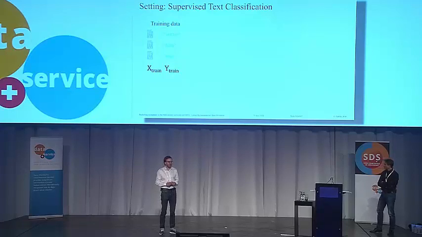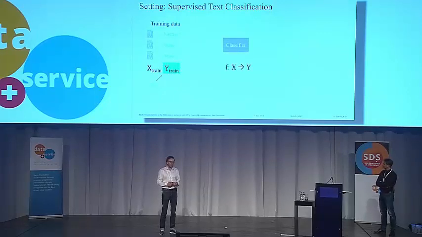So say, is the document a letter, a blog post, a news article, an email, things like that. And for this, you need training data, so you have a history of documents that we usually call X and labels that we call Y, pairs of documents and labels. We are interested in building this classifier, this function that maps documents from X to labels Y.